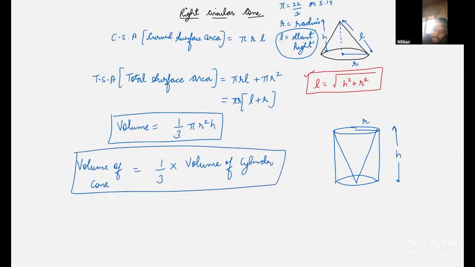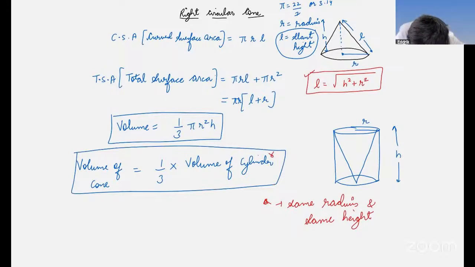The condition is it should have same radius and same height. If it is this, then it will be 1/3 of it. Did you understand, guys? Yes or no? Yes, sir.